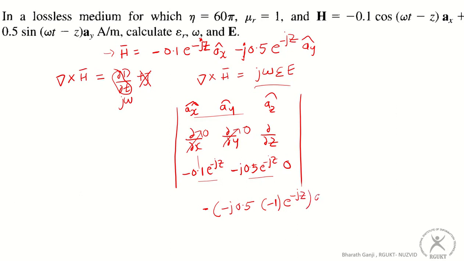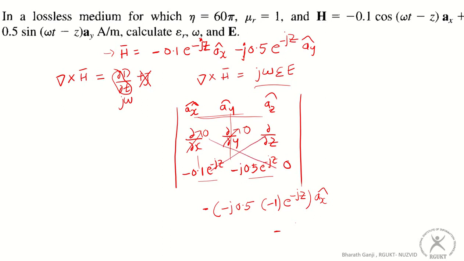into a_x cap. Of course for a_y, this goes to 0, and you have minus of... there are many minus signs here, because for a_y you get a minus, since this is this minus this one.